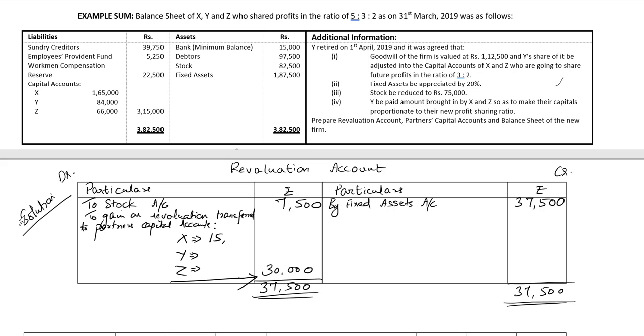For X, it's 15,000 rupees. In the case of Y, it's 9,000 rupees. And in the case of Z, it's 6,000 rupees. So this is the revaluation account. Next, we'll prepare the partners' capital accounts.